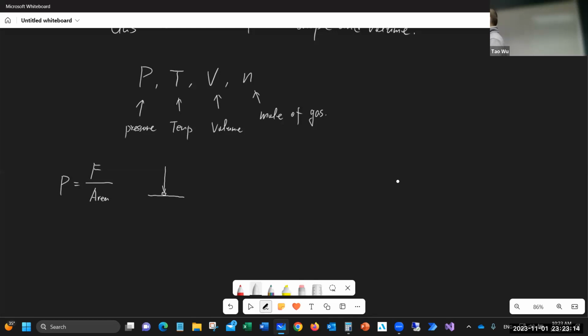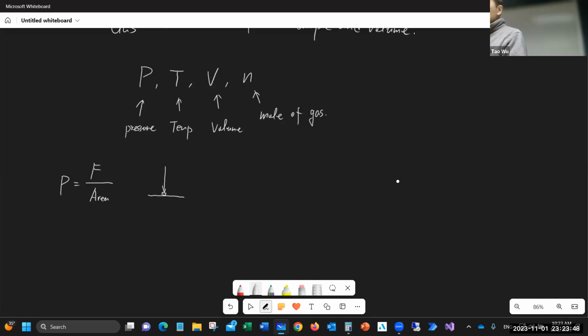And if you have a wind, well, how come we have a wind? The wind is just gas molecules flying, keep hitting your body. So if the wind is big enough, you will be blown away. Why? Because the force of the gas molecules is strong enough that it can push you back. So this is what happens for the pressure.